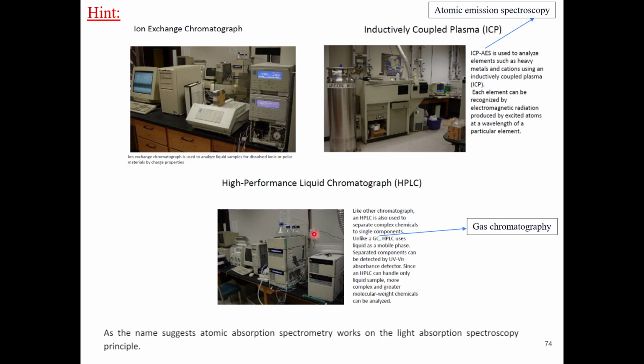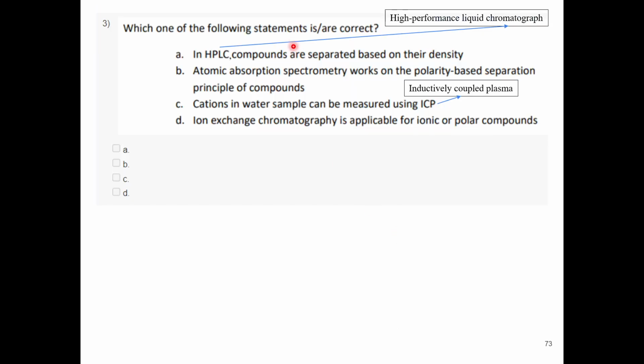But it is a liquid chromatograph. What is the principle of liquid chromatograph? It separates the single components based on their diffusion characteristics and flow properties in the liquid phase. So the separation is based on diffusivity and flow parameters, not on the basis of density. So A is not the correct option. C, D is correct. A is not correct.